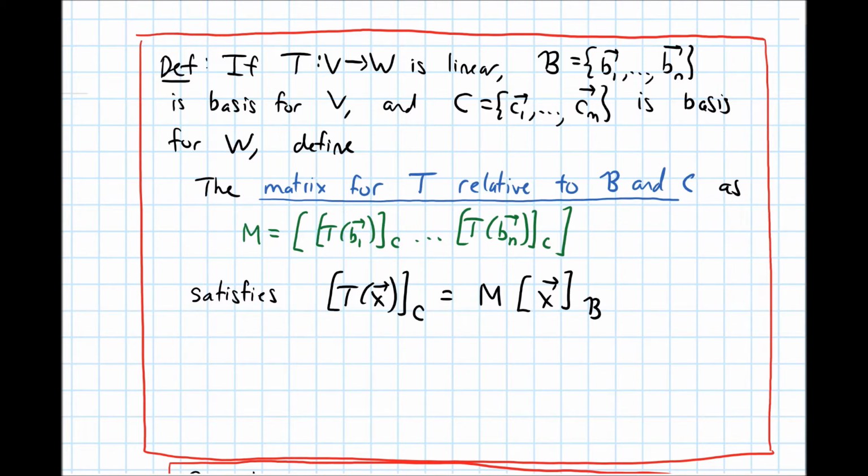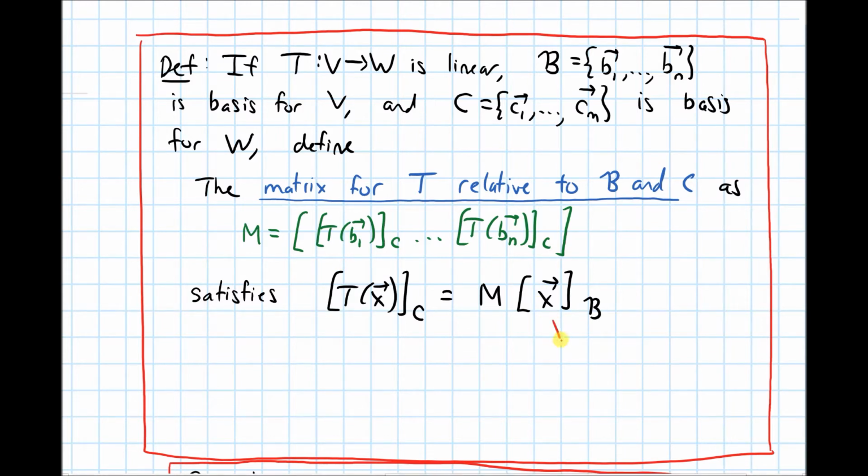And the key is that this matrix M should satisfy this equation right here. We had written this down before. Multiplying the B coordinate vector of x by this matrix M should give us the C coordinate vector of T(x). Okay, so I want to break down what both sides of this are saying.